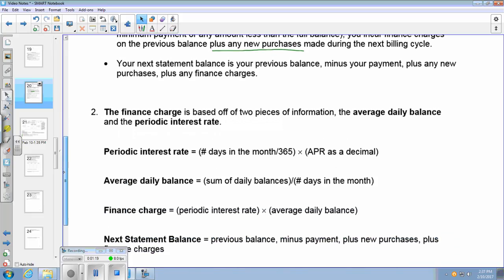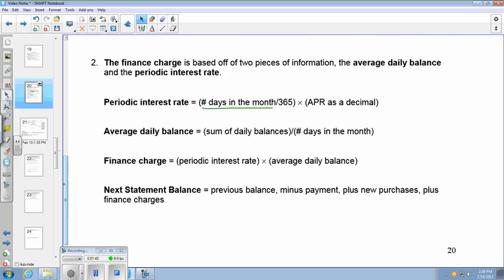All right, number 2, the finance charge is based off of 2 pieces of information, the average daily balance and the periodic interest rate. Now, your periodic interest rate is the number of days in the month, so this can change depending on the month, divided by 365, and that's going to be multiplied by your annual percentage rate in decimal form.